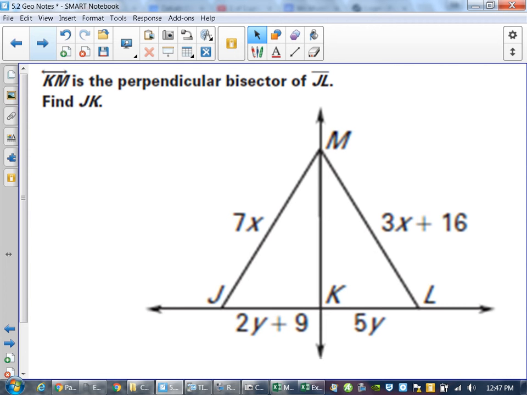So it's not so much like a progression of doing something in a proof, but this is just a case where what we're going to do is look at a problem, mark a diagram, and basically solve for x.